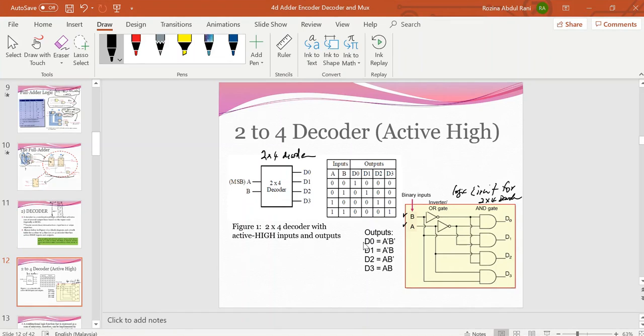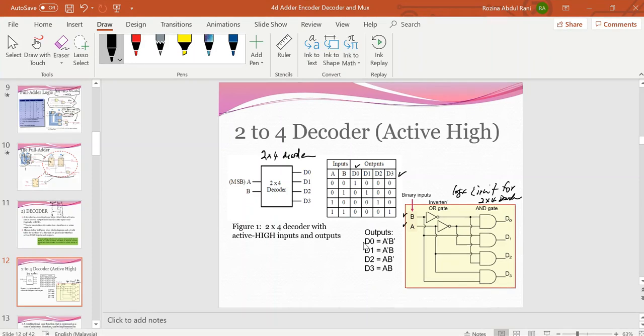Based on the output in the truth table for the 2 to 4 decoder, this is the truth table. In the truth table, if you refer to output D0, only one condition gives output 1.